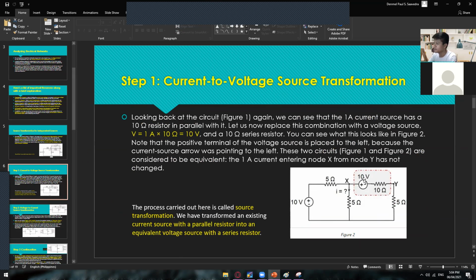If you're going to convert a current source, of course you need a resistance. Let's go back to the original circuit.